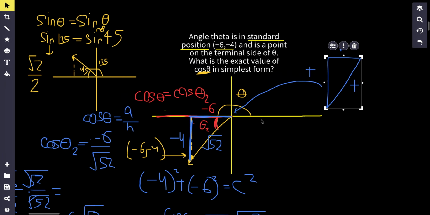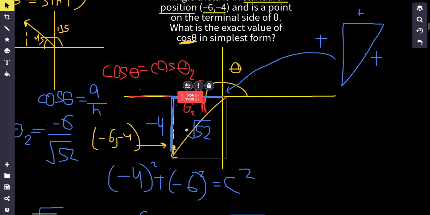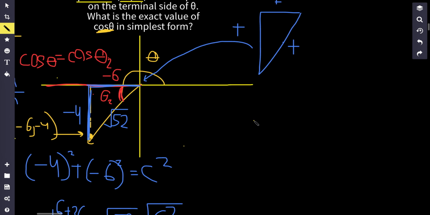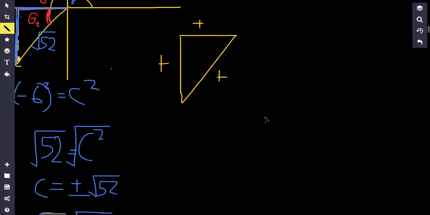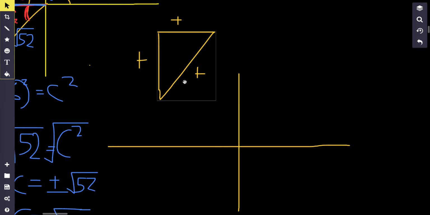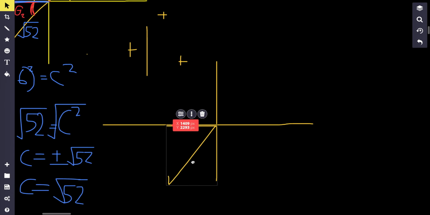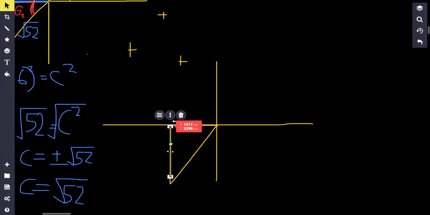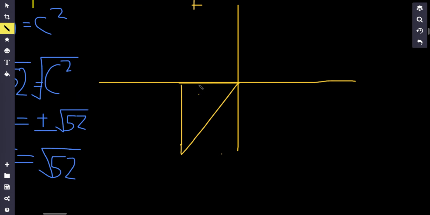Now, for those of y'all who might be confused on why the hypotenuse is positive and why the other sides are negative, think about it like this. If we just have a regular old triangle, all the sides are going to be positive. However, when we're dealing with coordinate geometry, we use negative numbers to denote the sides.